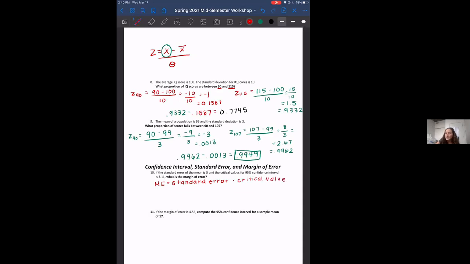Okay, good. Let's try that. ME is equal to, so what was the standard error from the problem? 5, yes. And then what about the critical value? 3.11, yes.